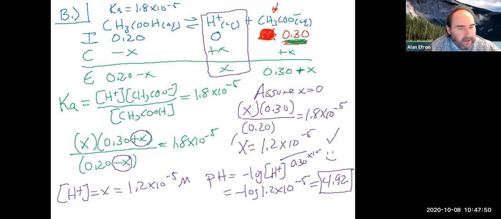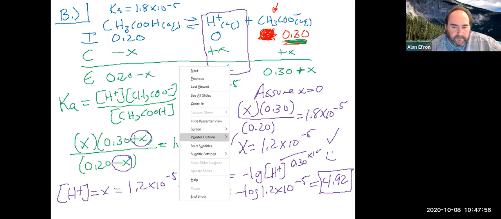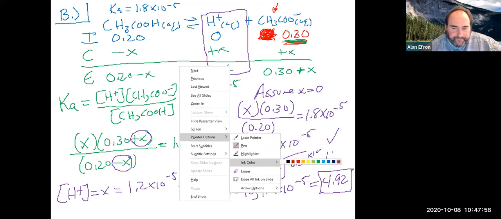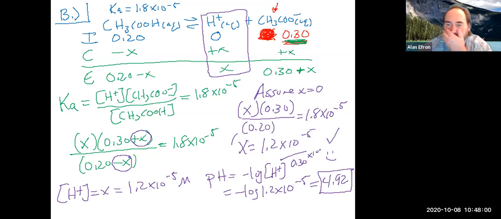Any question on that calculation there? Okay, so what does this mean? Let's take a look and see what this means. Well, this was our common ion type problem.